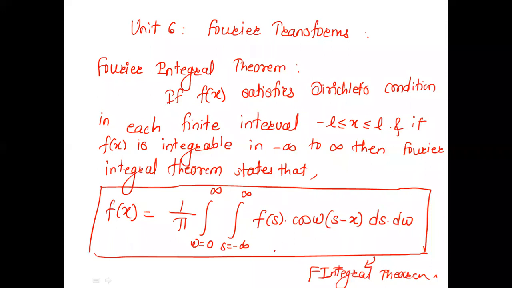And multiplied to that is cos omega s minus x, or you can say cos of omega s minus omega x. There are two variables, s and omega. Double integral. So this integration whose limits are minus infinity to infinity are the limits for s. So integrate with respect to s, and these are the limits of omega.